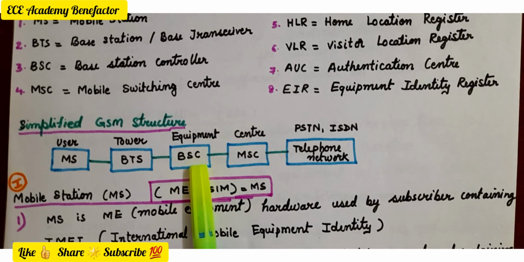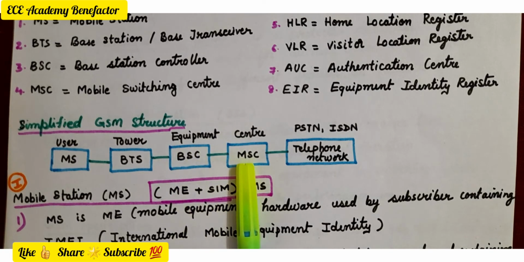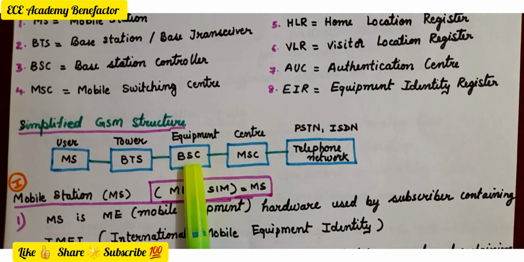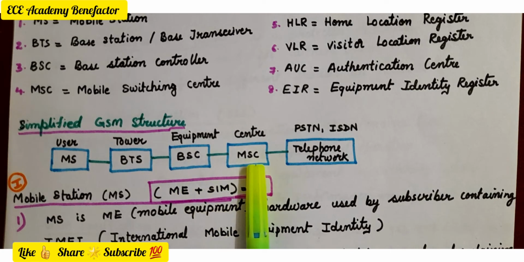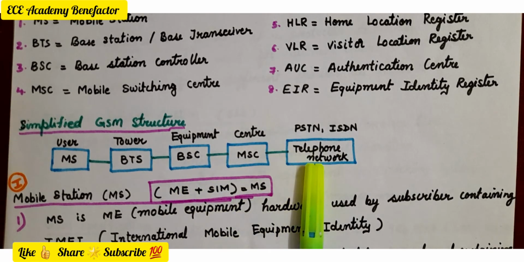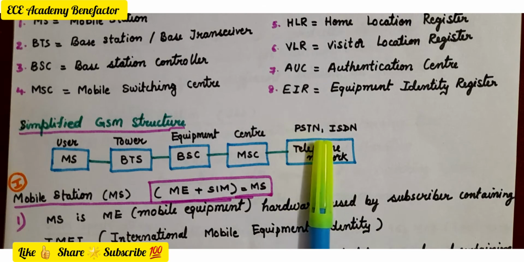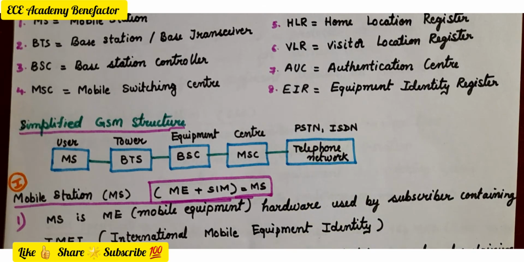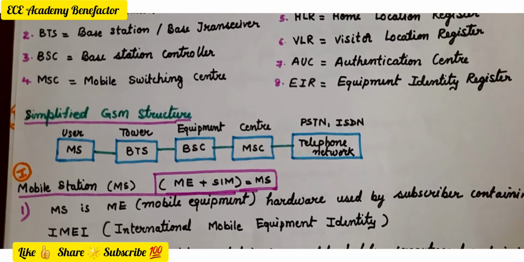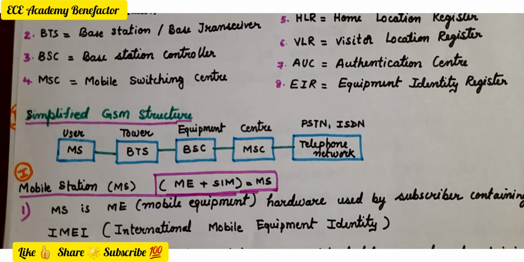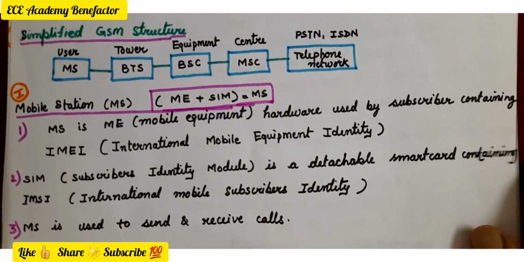From the base station controller it goes to the MSC, the mobile switching center, so it is a center. BSC is an equipment, MSC is a center, and then it goes to the telephone network, which can be PSTN or ISDN. We will go into detail on each block which we have mentioned here.